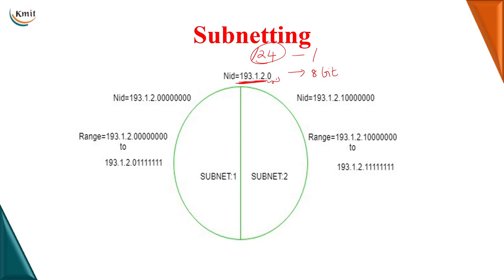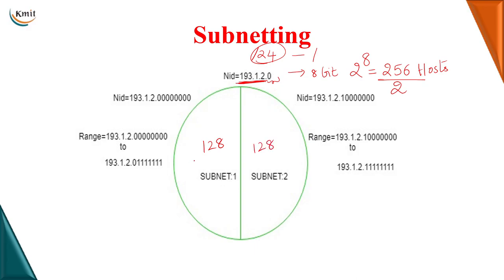If there are 8 bits for the host ID, I can have as many as 2 power 8, that is 256 hosts in the network. Now, if you are asked to divide this network into 2 subnets, then 256 by 2 means each network will have 128 hosts.